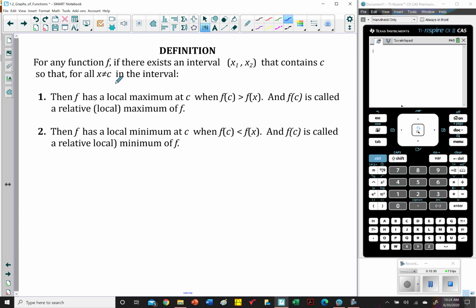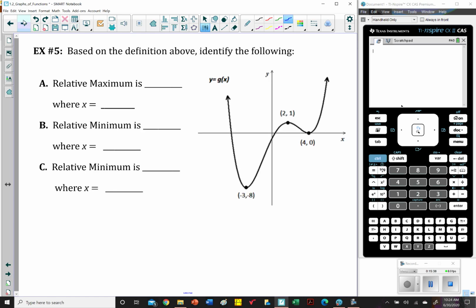So again, here's another formal definition of local maximum and minimum. And then we've got an example graphically. So based on that definition that we just looked at, the maximum is a y value, and the relative maximum looks like 1. It's the y value, and it happens at 2.